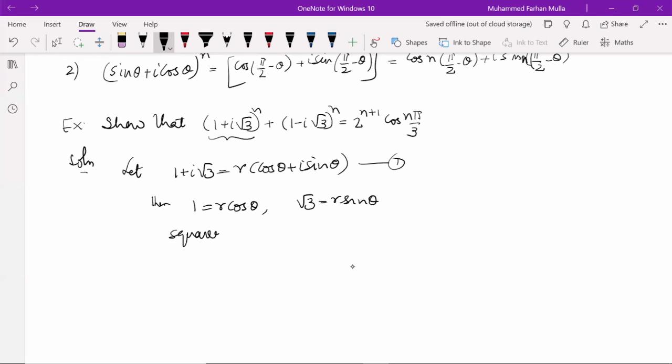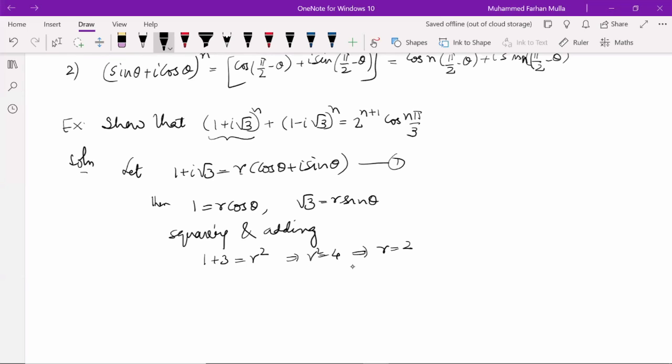Squaring and adding, 1 plus 3 is equal to r square, implies r square equal to 4, that is r equal to 2. R is never negative, so we take only the positive side. So the radius is 2.